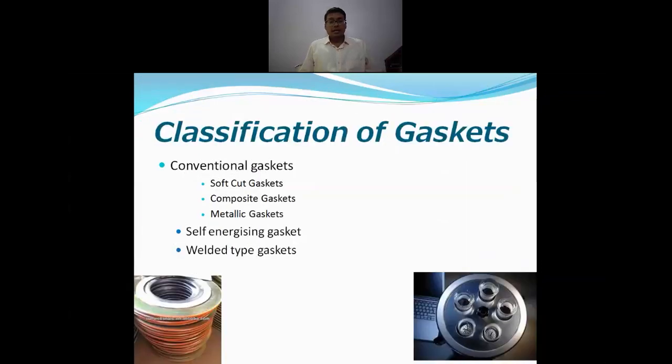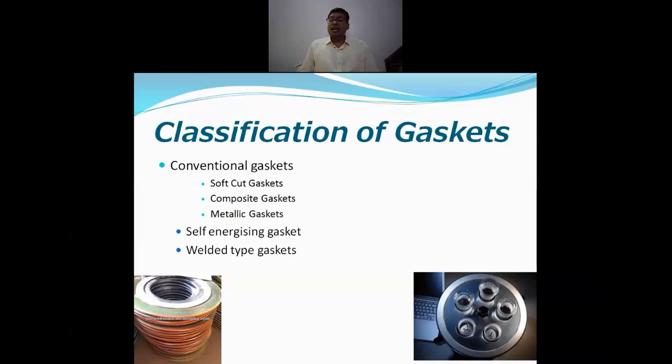Now coming to the classification of the gaskets. The conventional gaskets, self-energizing gaskets and welded type gaskets. These are the three major categories. Besides that, this classification can be done on various aspects also. Among the conventional gaskets, you can have soft cut gaskets, composite gaskets, metallic gaskets.